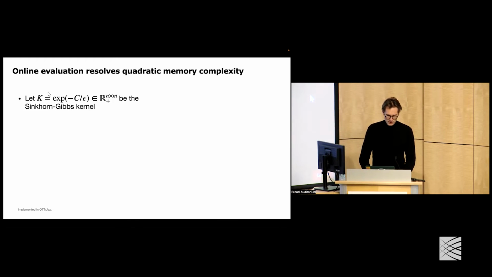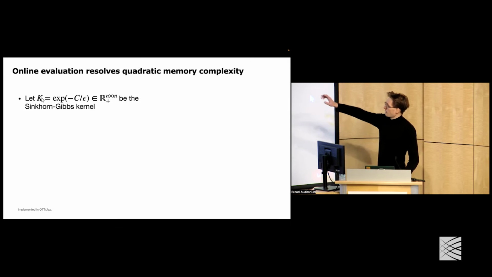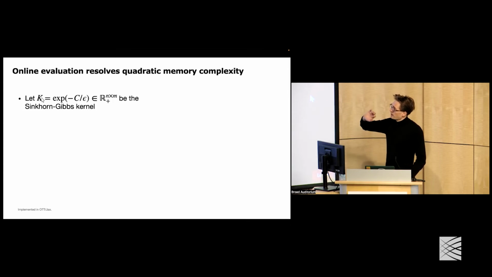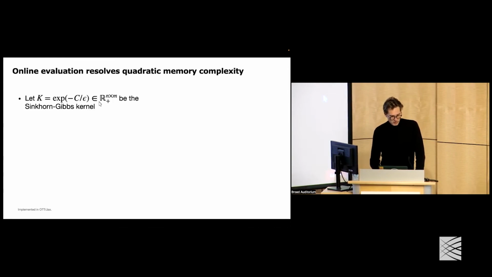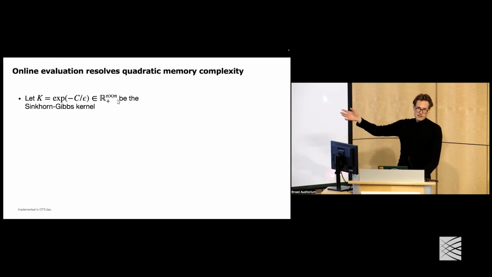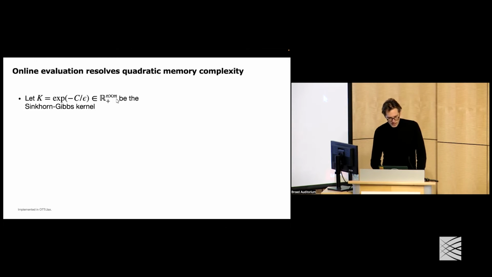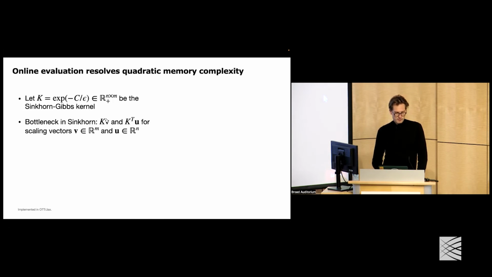And that's because this K matrix here, the Gibbs kernel that we saw in the Sinkhorn algorithm before, is defined as exp of minus the cost matrix C over epsilon. And C has dimensions n times m, where n is the number of cells in the source distribution and m is the number of cells in the target distribution. So the bottleneck in Sinkhorn is these kernel matrix vector multiplications for these two scaling vectors here.